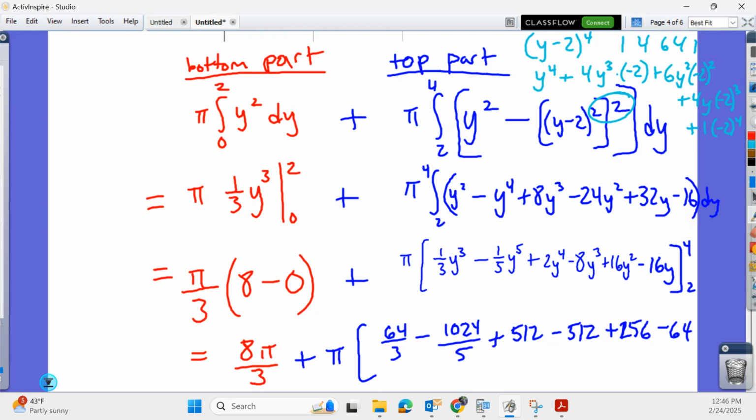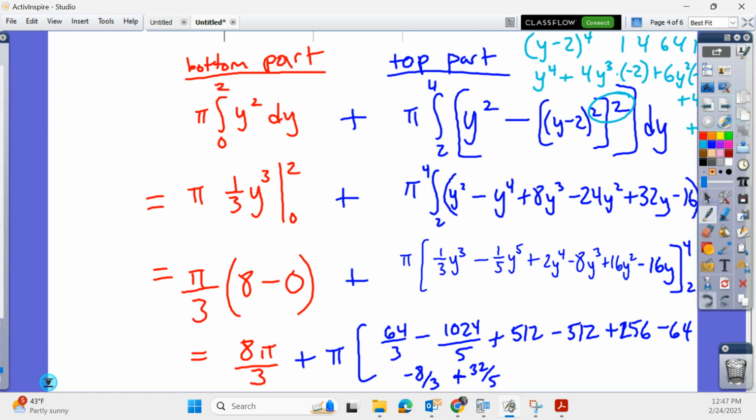So now we have 2 cubed is 8, so we have minus 8 thirds. I'm just going to write it below because I think a lot of this will work together well. 2 to the 5th is 32, so we have minus 32 over 5. Oh, but it's plus, right? Because I'm subtracting, and so I'm distributing a negative as I go through with the 2.